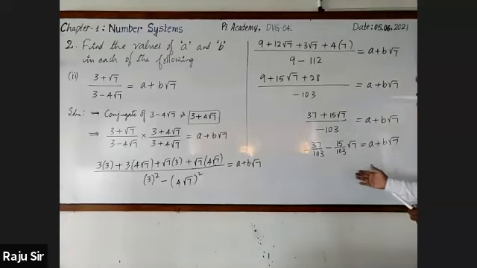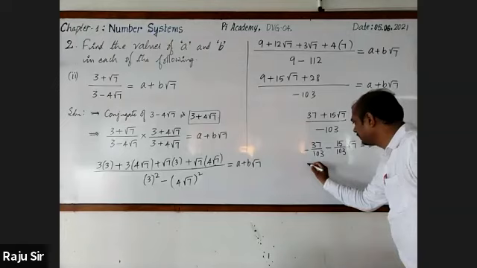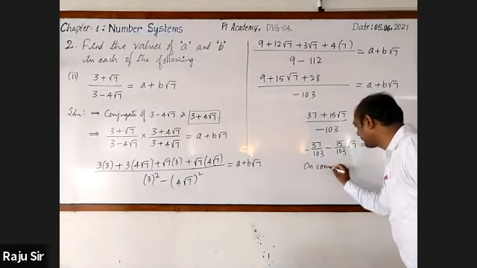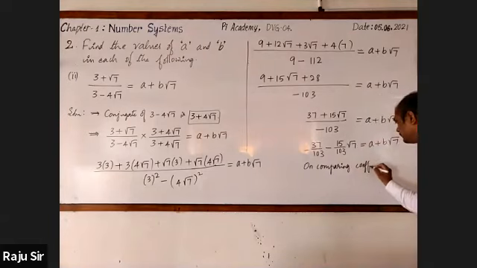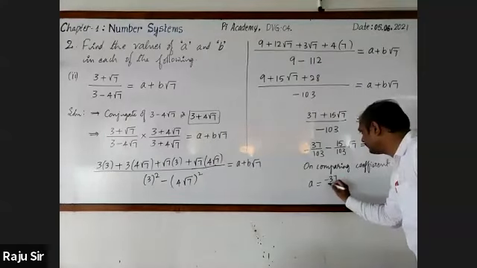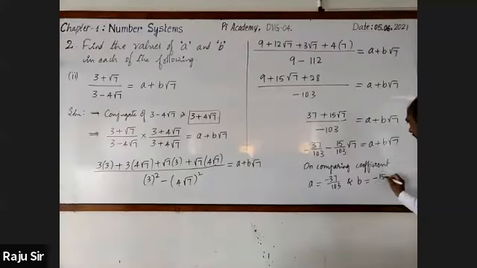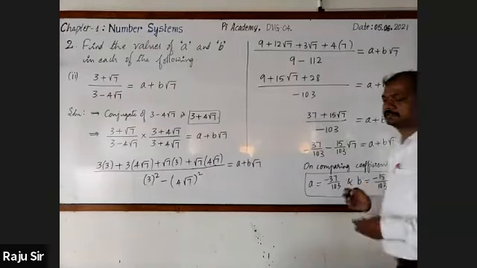Only we have to write the values of a and b directly and compare. On comparing coefficients, a is minus 37 by 103, and in place of b, minus 15 by 103 is there.